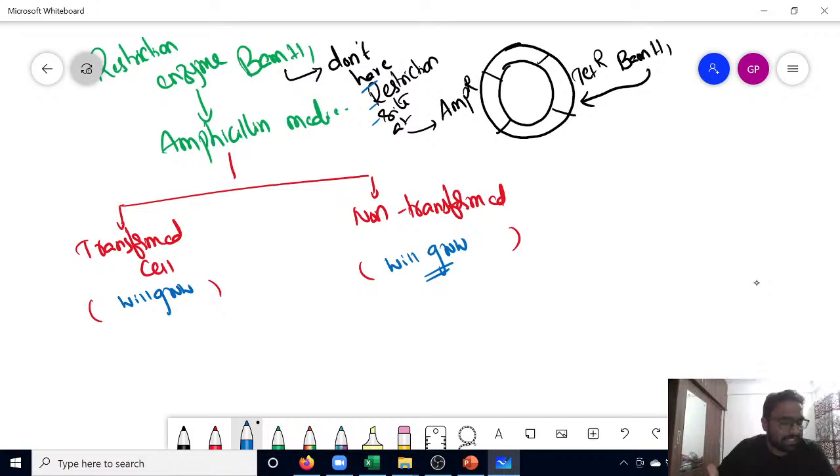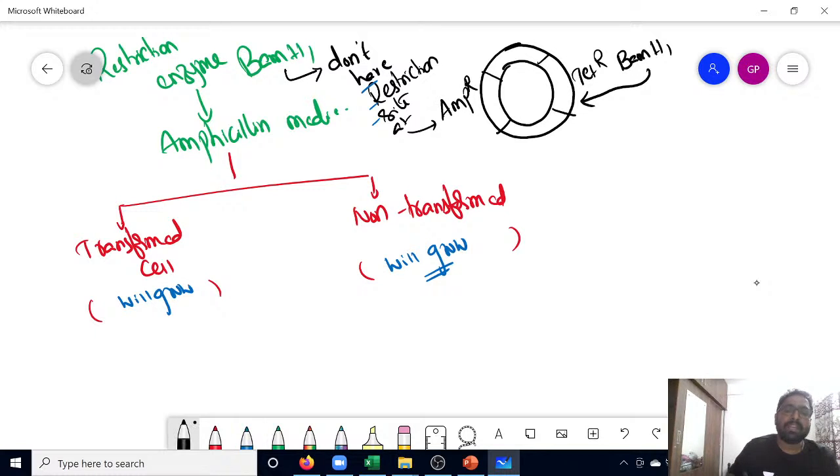So whether it is transformed or non-transformed, it does not show any effect. Why? Because our enzyme is what? What is our enzyme here? BAM-H1. So, like this students, you can select the transformed cells.